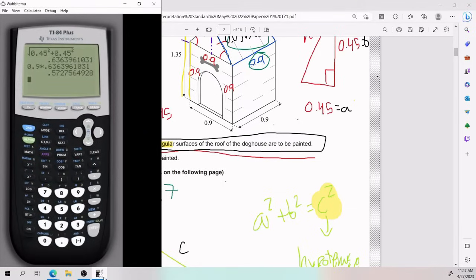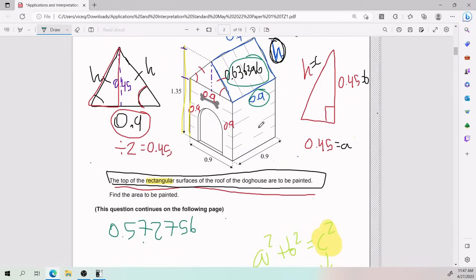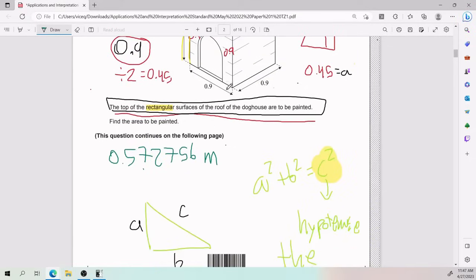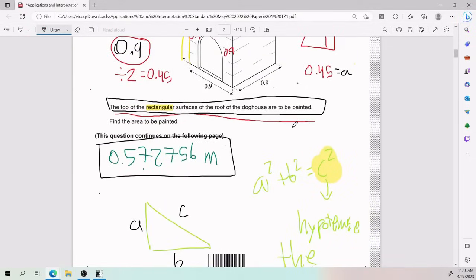I always like to put all the numbers because it's better. You want to put your answer in the correct units. So you think of the units. We have meters, so we put meters. Now, if I tell you this is my answer, there are two things that are wrong here. Take a moment, think about it. One thing that is wrong is that my units have to be squared.